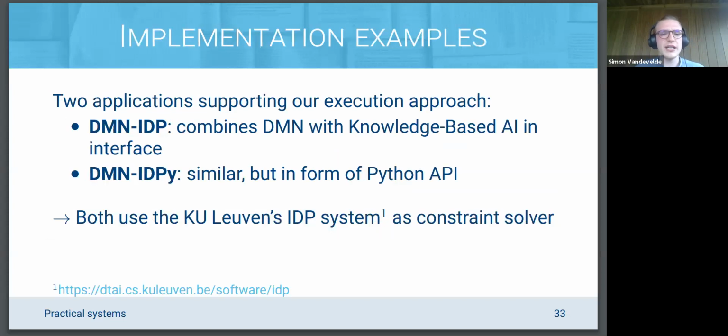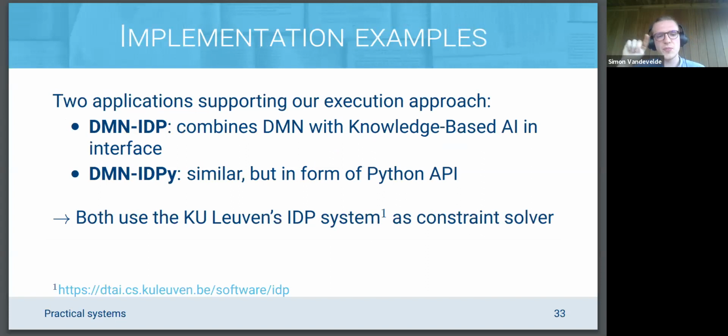So we already have two concrete applications that are based on this approach. One is called DMN-IDP, which combines DMN with a knowledge-based AI reasoning engine, but I think I have more information on that on the next slide. And then the other is DMN-IDPY, which is similar to the earlier, but in the form of a Python API.